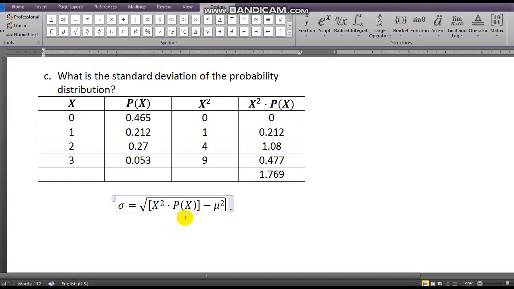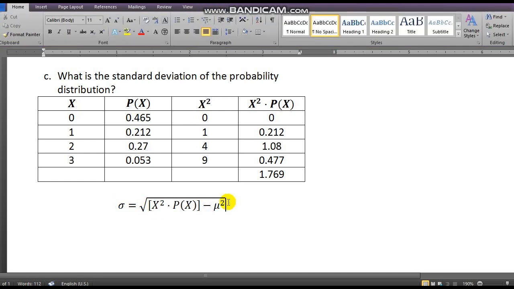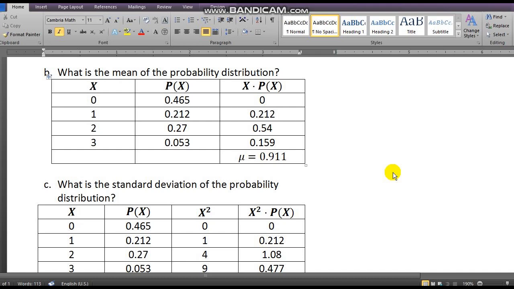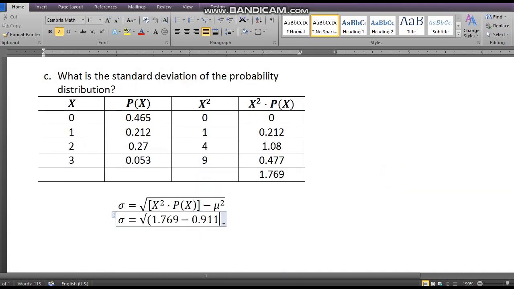We've only obtained the first part so far. So sigma is equal to the square root of 1.769 minus the mean squared, 0.911 squared.